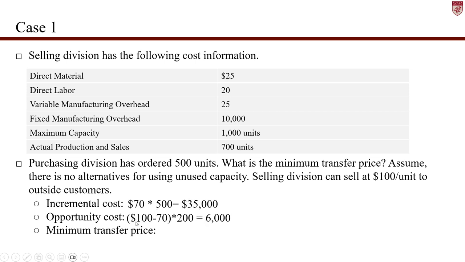So the selling division can actually sell at $100 to the outside customer, meaning that for the 200 excess units, there's going to be contribution margin lost. So contribution margin of 100 minus the variable cost $70 times 200, so $6,000. Now the minimum transfer price is going to be the sum of these two divided by 500, reaching $82.